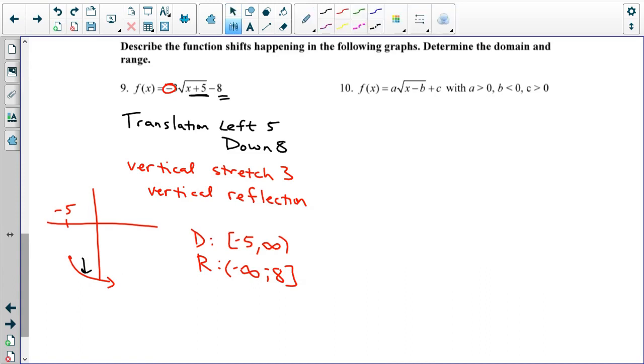Number 10, oh my gosh, it's all these variables. So once again, it's a square root, just like in the last problem. So we're going to have a domain and range restriction. Notice that b is less than 0.